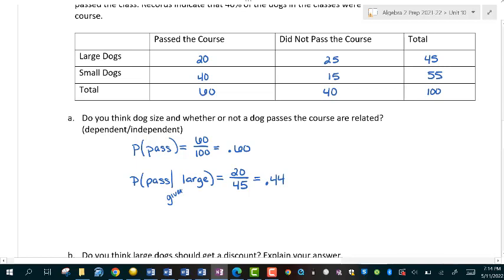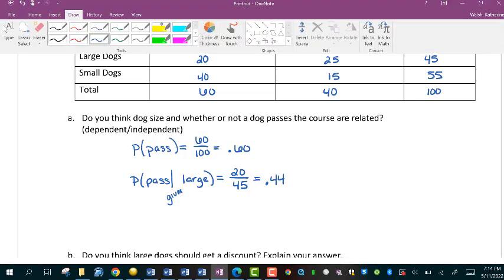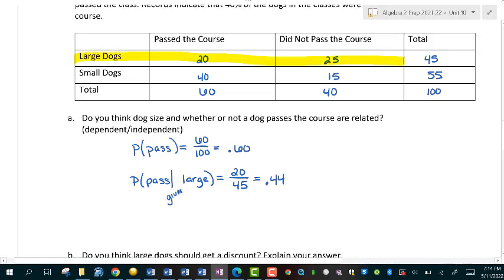So now I'm only looking at those large dogs. So remember, we're narrowing it down to just this row here. So out of those 45 dogs, 20 passed for a probability of 0.44. So because 0.6 does not equal 0.44, I would say therefore the events are dependent events.